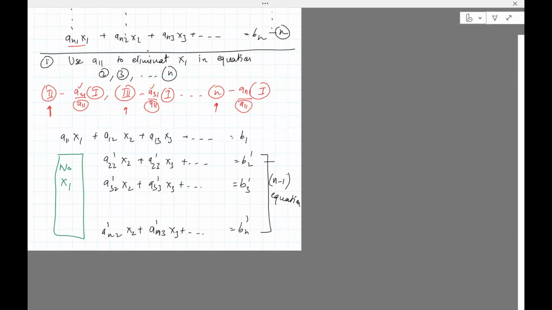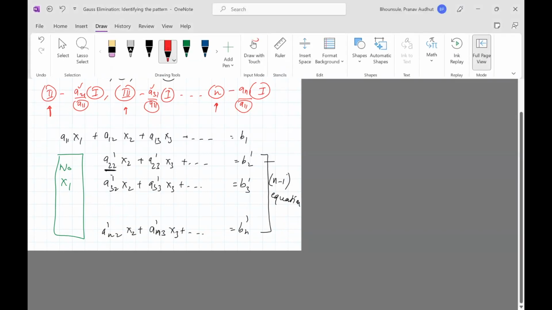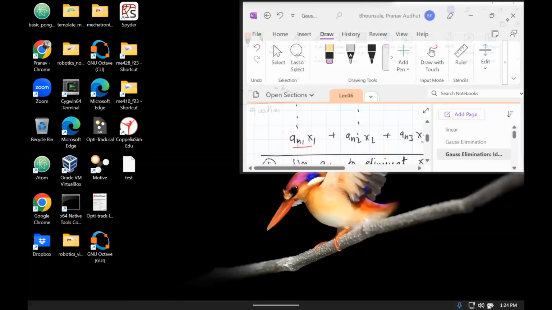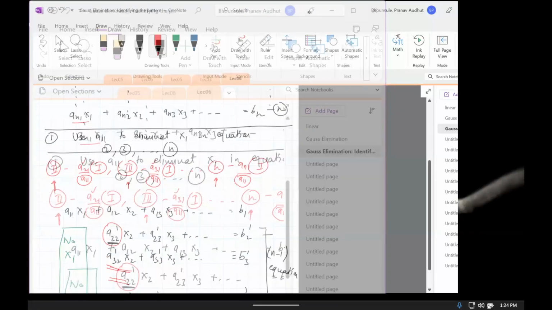You will eliminate x2, use the second row, but first for the n minus 1 system of equations, and eliminate x2 in every row till you reach the nth row. So when you do that, you'll end up, so let me write that down. Not spend overly too much time on that.